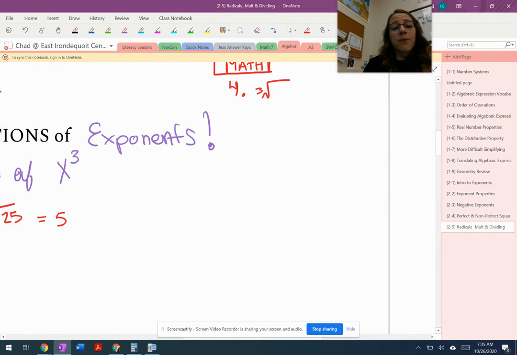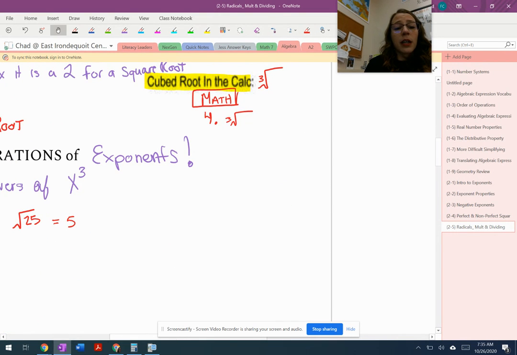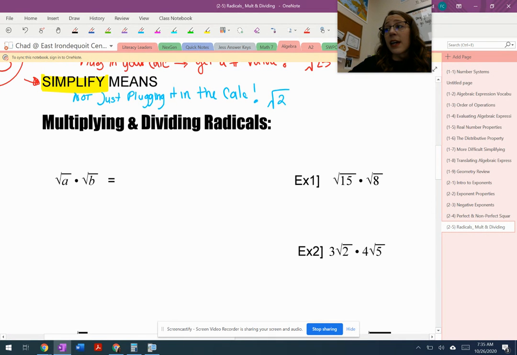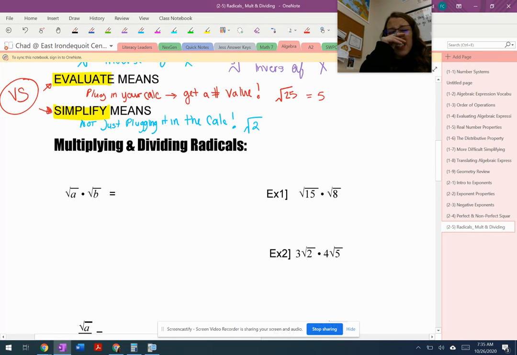Okay, so now, moving on to multiplying and dividing radicals. The first thing that we need to remember is that, kind of like when we're multiplying and dividing exponents, like x to the a times x to the b, that stuff we did earlier this unit, you have to have the same bases. Here, you have to have the same index.